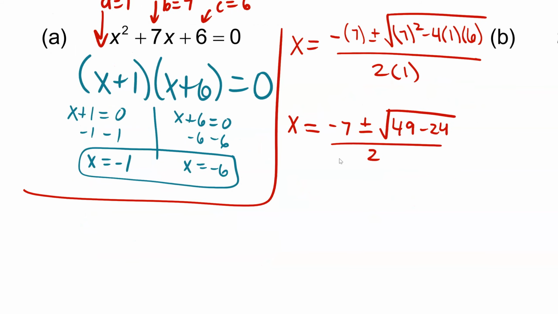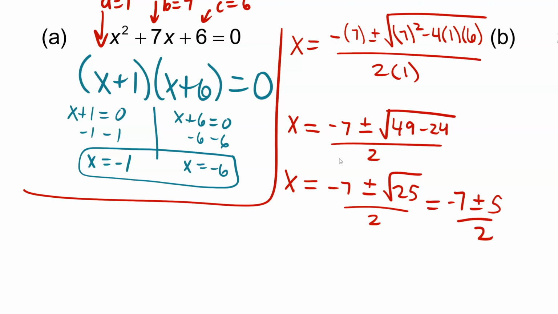Okay. So can we just plug in separately, like order of operations? That's what I'm showing you right now, literally the order of operations. Okay. -7 plus or minus 5 over 2. Can you simplify this? You can. So x equals -7 plus 5 over 2, which is -2 over 2, which is -1.